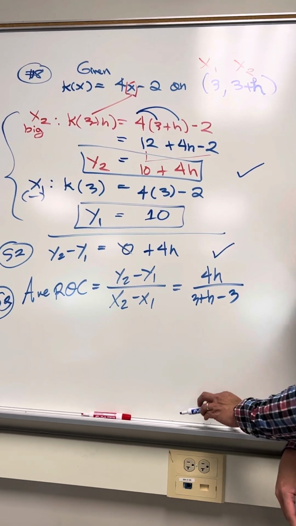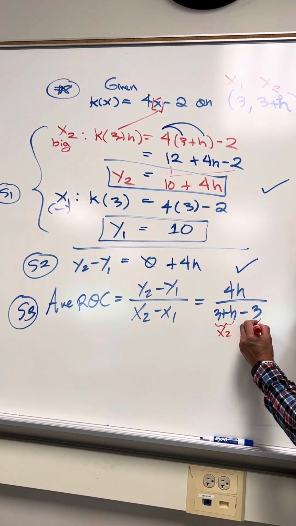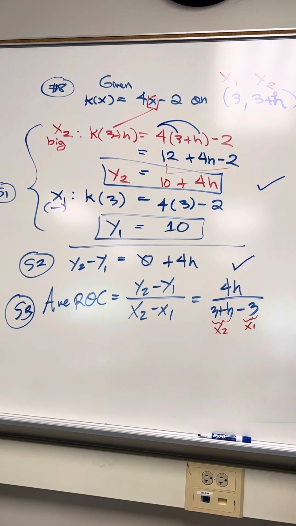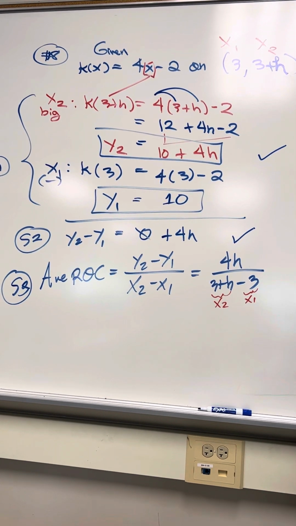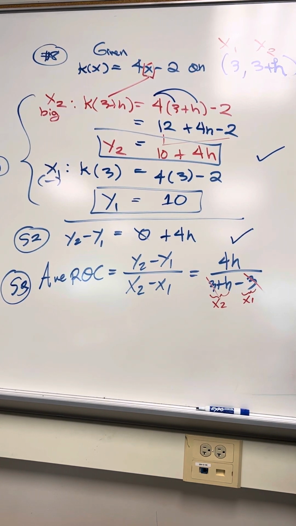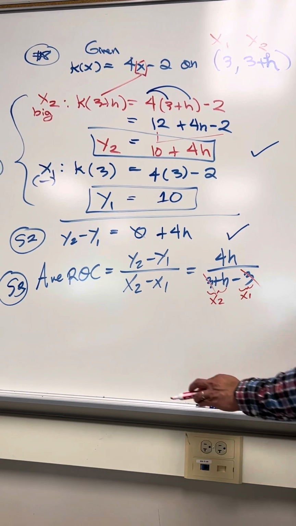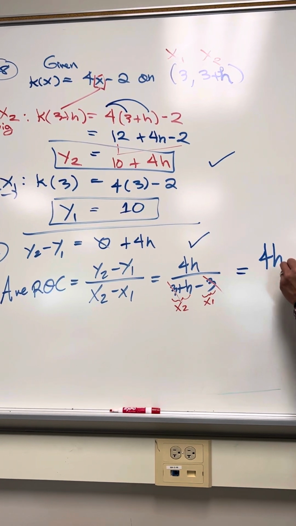Okay, good. Once again in here, this is my x2 and this is my x1. What's going to happen on the bottom? What's 3 minus 3? 0. Very good. Hence, the remaining term below is just h. So I'm just going to put it in here. The numerator is 4h.